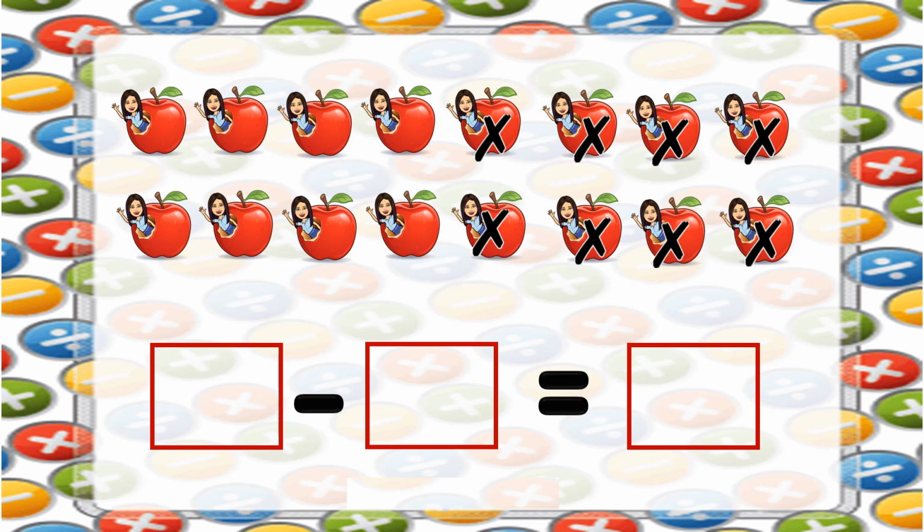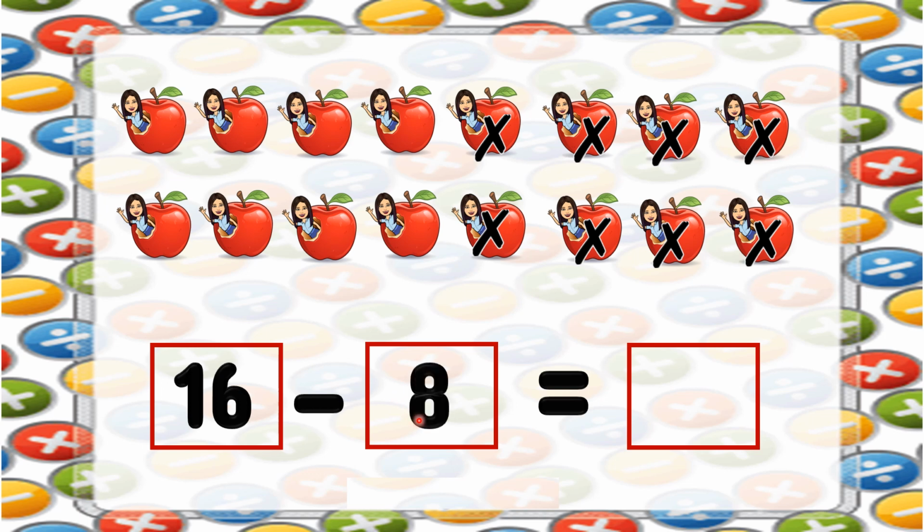Let's check your answer. For the minuend, let's count all the objects. 1, 2, 3, 4, 5, 6, 7, 8, 9, 10, 11, 12, 13, 14, 15, 16. So there are 16 apples. And for the subtrahend, let's count those crossed out apples. 1, 2, 3, 4, 5, 6, 7, 8.